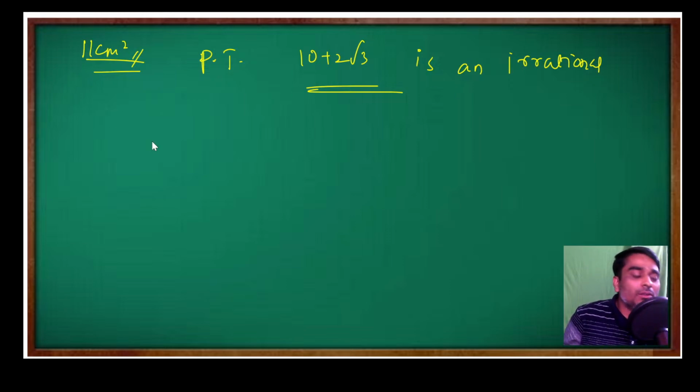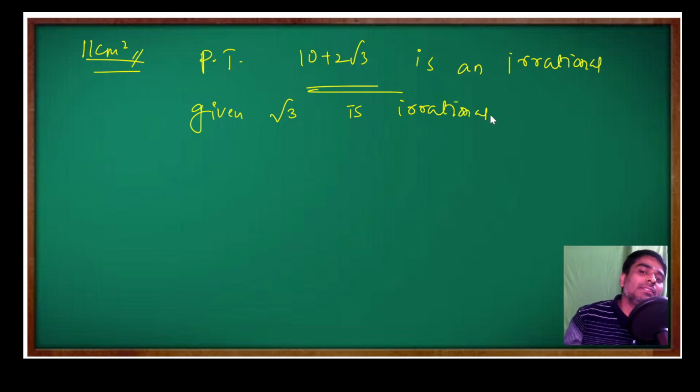Prove that 10 plus 2 root 3 is irrational, given that root 3 is irrational. Easy or no?